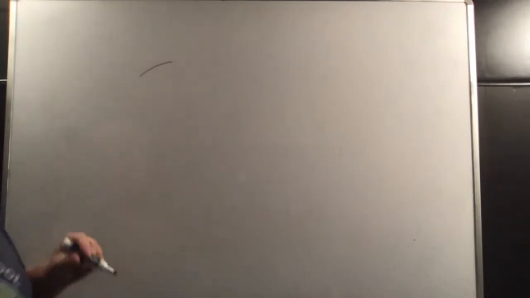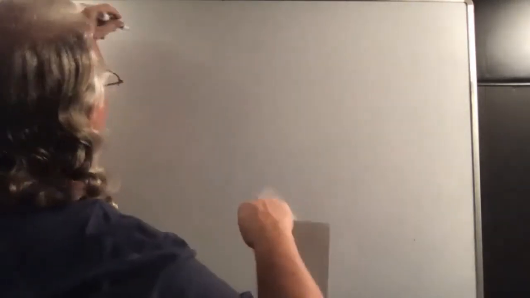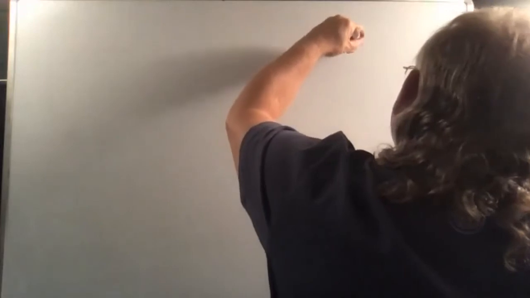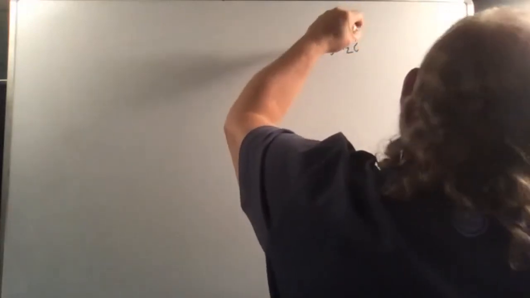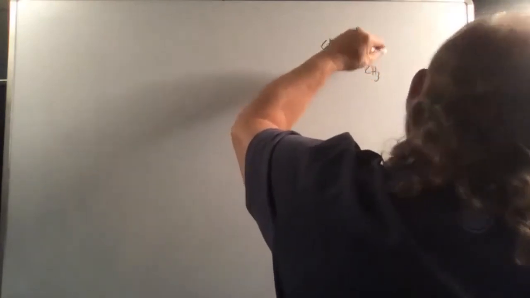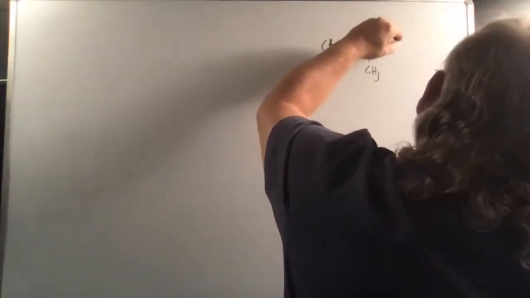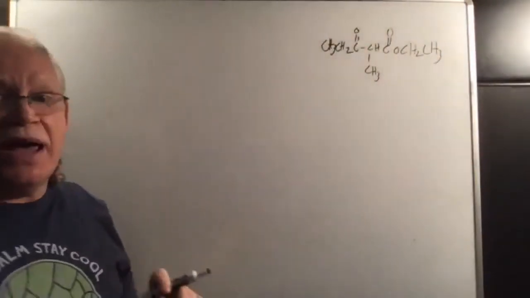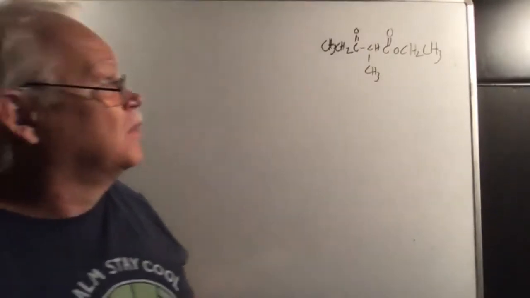Still on page 6, we're trying to make the following compound. CH3, CH2, C double bond O, CH, CH3, C double bond O, O, CH2, CH3. Again, notice this is a beta keto ester.